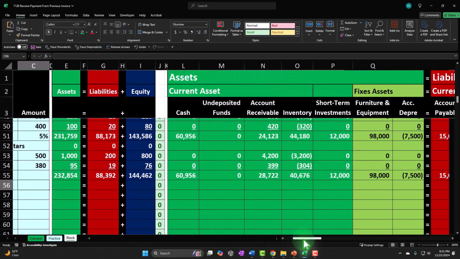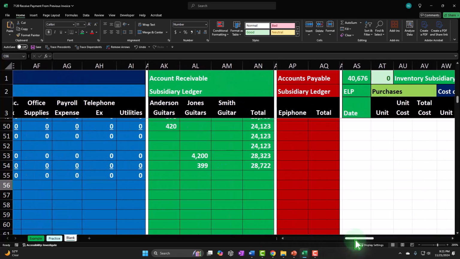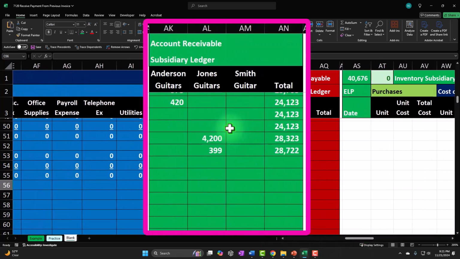Now, if I look at the subledger, notice if we have accounts receivable, that's only going to happen if we have a form of accrual type business, remembering that we don't get to just choose if a business is accrual or cash based, because it'll depend in part on the industry.